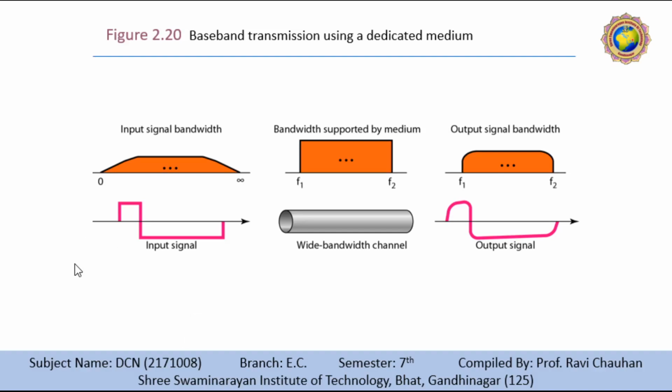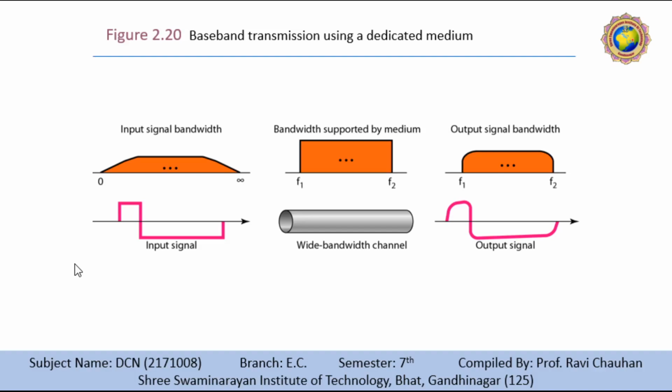This is possible if we have a dedicated medium with an infinite bandwidth between the sender and the receiver that preserves the exact amplitude of each component of the composite signal. Although this may be possible inside the computer between the CPU and memory, it is not possible between two devices.